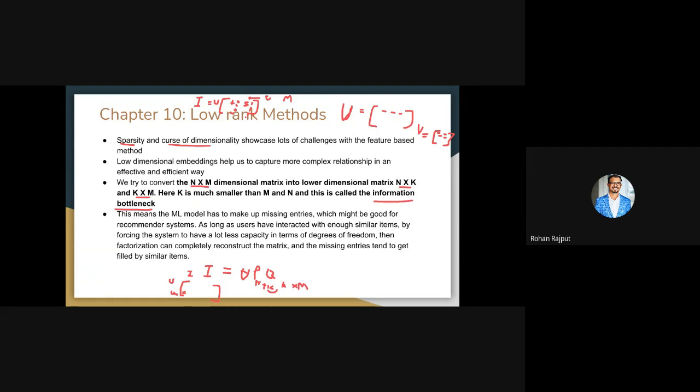That's how we can choose to recommend or not recommend this item I to this particular user. This is a very important property. We have to remember that because of this information bottleneck, we can recreate our original matrix using this matrix completion process.